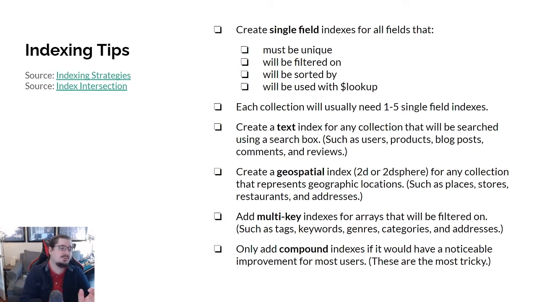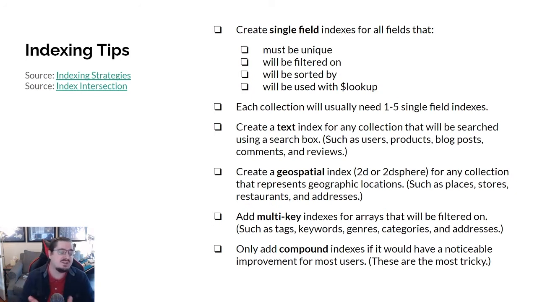So just a few tips about how to pick your indexes and what indexes you should have. You should create single field indexes for all fields where at least one of these things is true. Either it must be unique, let's say the name of the product must be unique, or the name of the place, or the username.